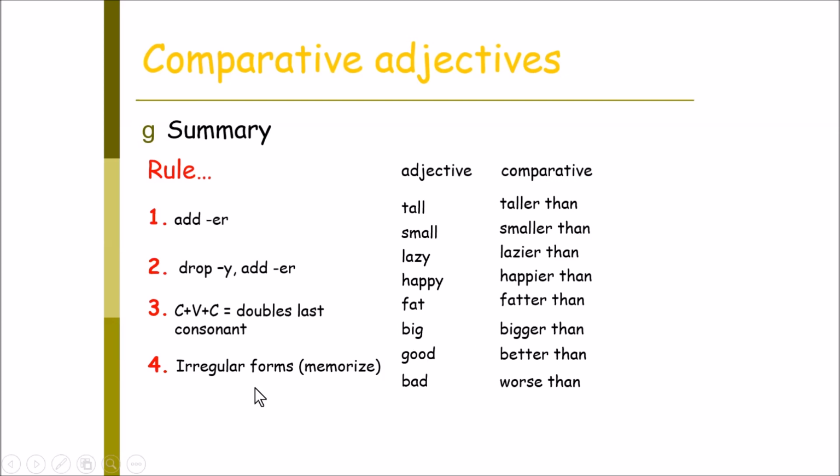And the last one is that you have to memorize the irregular forms of these adjectives. These two are the most commonly used adjectives. So the comparative form of good is better than, and the comparative form of bad is worse than. Okay. Thank you.